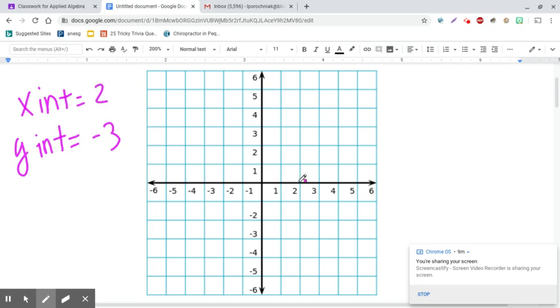So we go over to 2. So the point's going to be right here, where it crosses the x-axis. Now let's look at y. It's a -3. 1, 2, 3. So it's going to cross the y-axis at a -3. Guys, you only need 2 points to create a line. Right now, I know exactly what my line's going to look like. Bam, did it. Not bad, right?